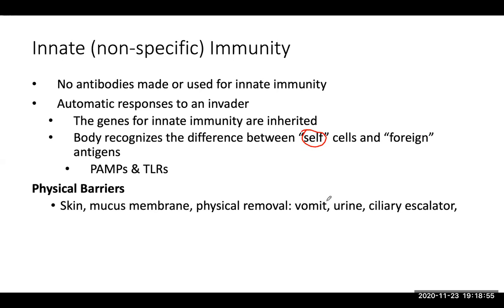We don't typically vomit, so that's kind of a unique situation. Urine. A lot of people have a misconception that urine is sterile. It's not sterile. I don't know why people say that, but it does help remove pathogens.